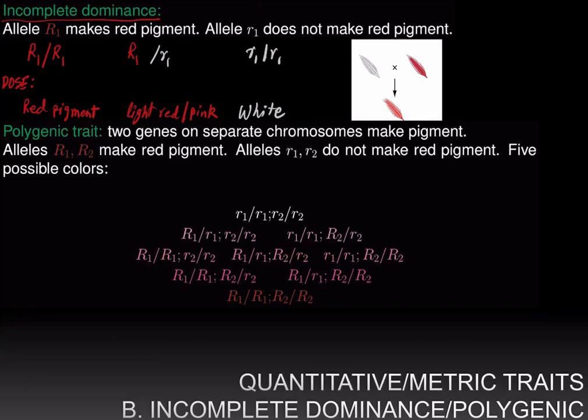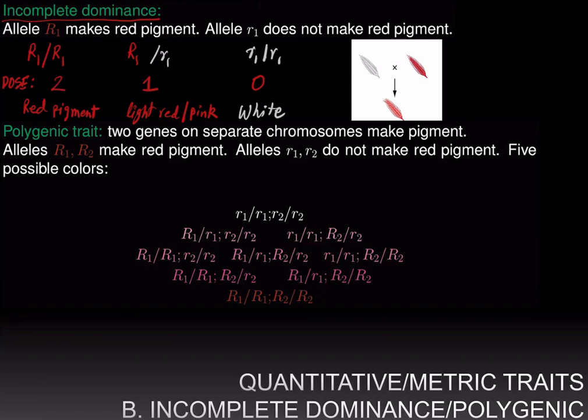The individual who is homozygous for the little r1 allele and has 0 big R1 alleles has a dose of 0. The heterozygous individual has a dose of 1, and the individual who's homozygous for the big R1 allele has a dose of 2.